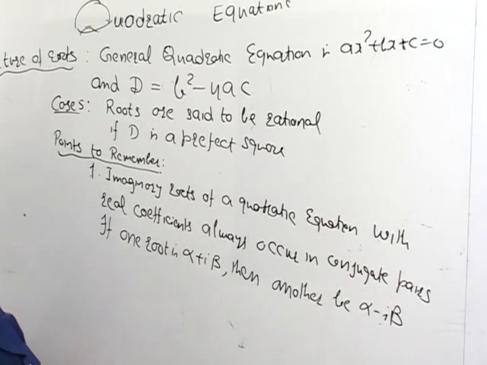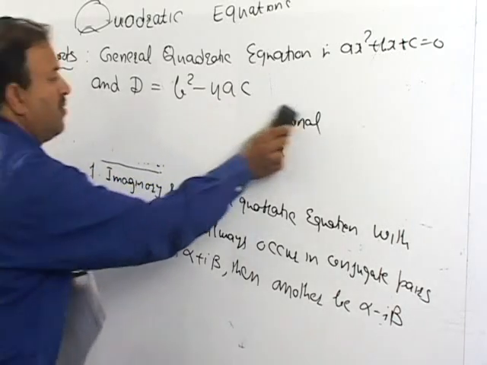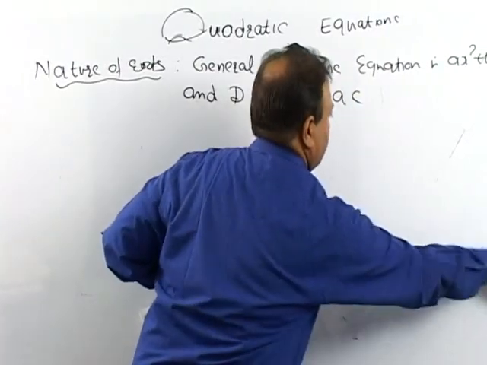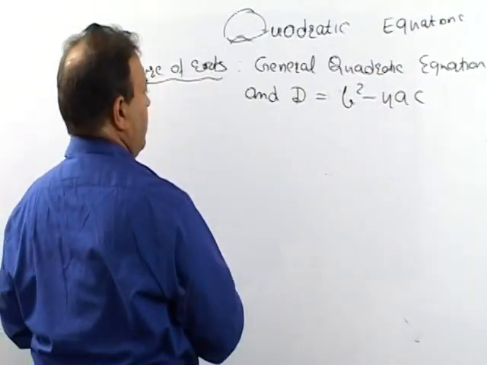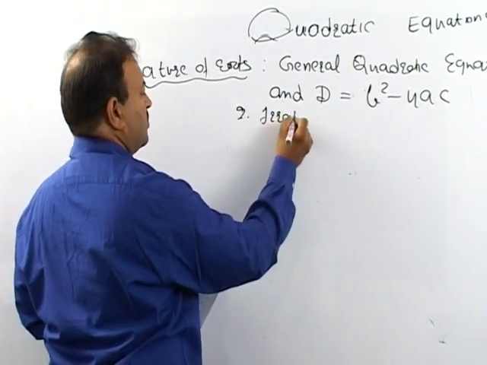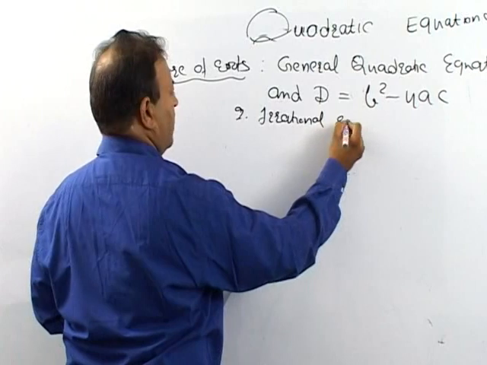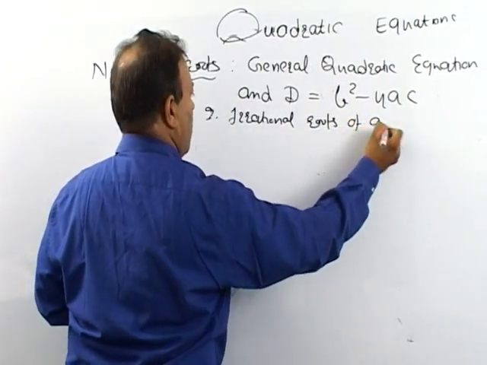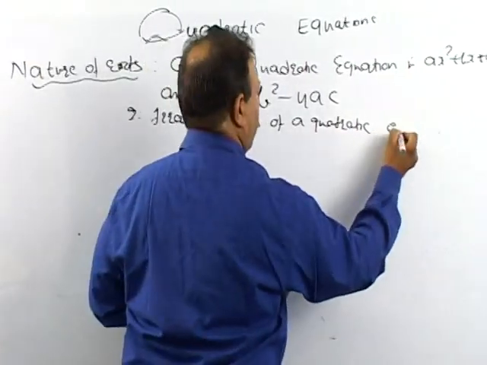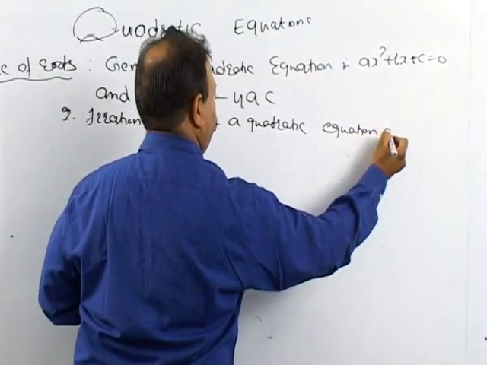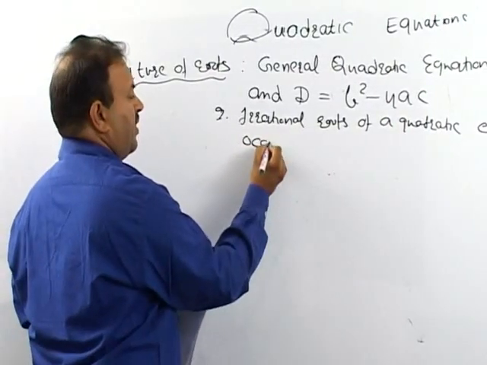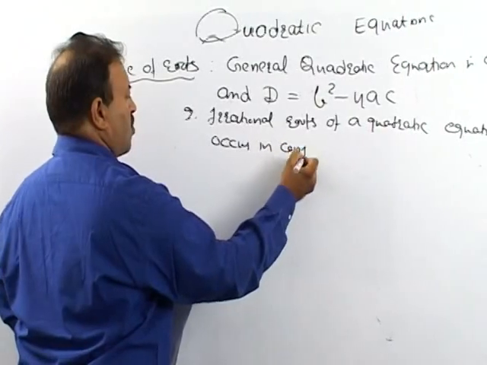Point number 2: irrational roots of a quadratic equation also occur in conjugate pairs.